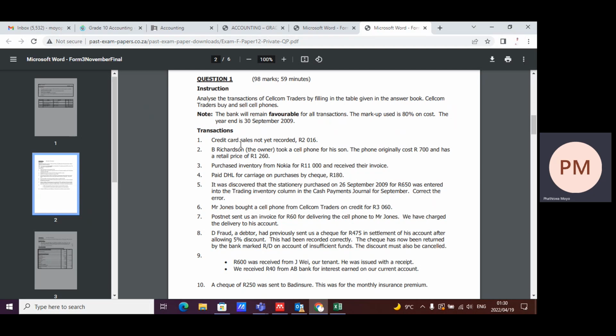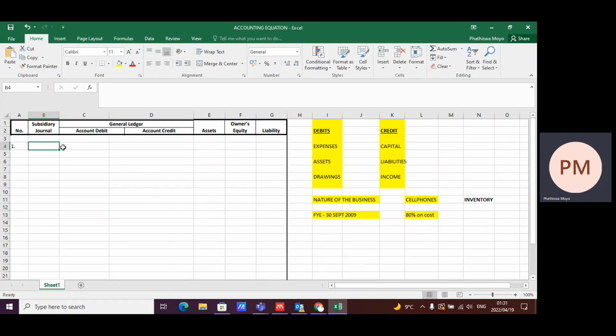Because I, Patiso, went to Pep Home and I bought this phone for 2016 rand using my credit card. So did Pep receive money or did I buy the phone on debt at Pep? I bought it using money, because with a credit card, it's me who is owing, it's parties who are owing the bank, but I do not owe Pep for the phone. So the book of first entry here is CRJ.